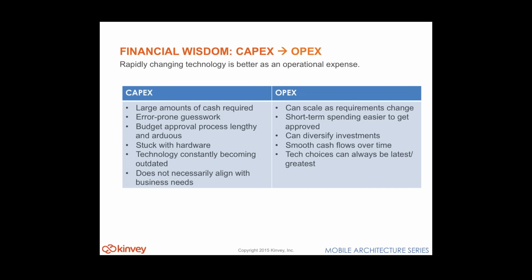And because mobile is such a rapidly changing space in terms of technology, the kinds of equipment you're going to buy for your mobile infrastructure now versus what you're going to want in 2 years from now is going to be vastly different, and you're going to have to go through all those budget approval processes again. Whereas if you're using a service, you can diversify your investment, and the tech choices that you have are always going to be the latest and greatest because you're paying those companies to think about that for you. It's not something that you need to spend the time worrying about.